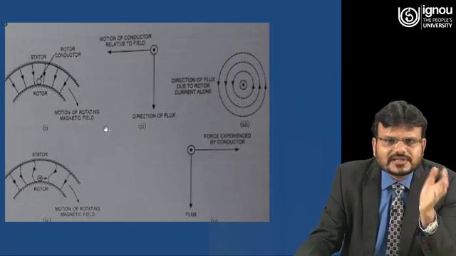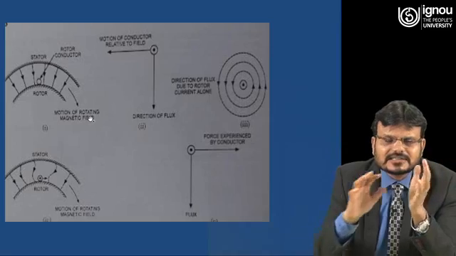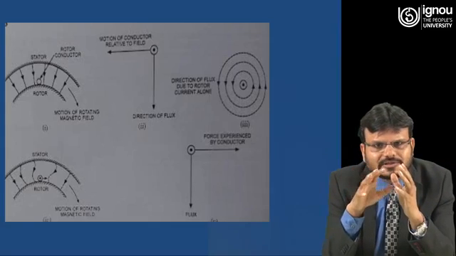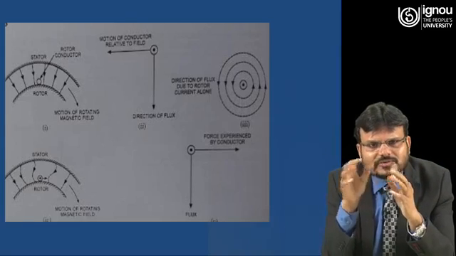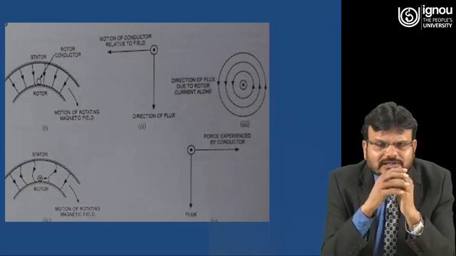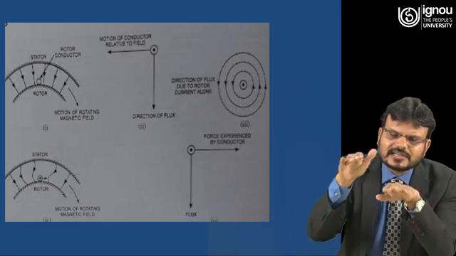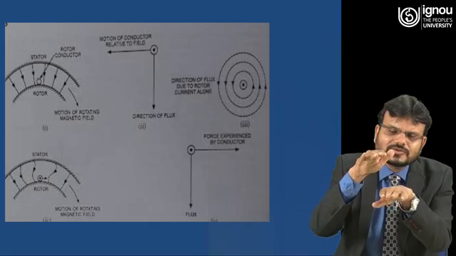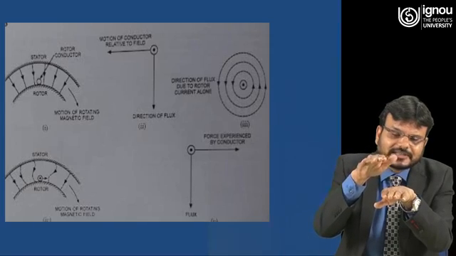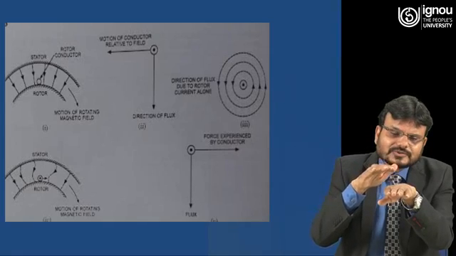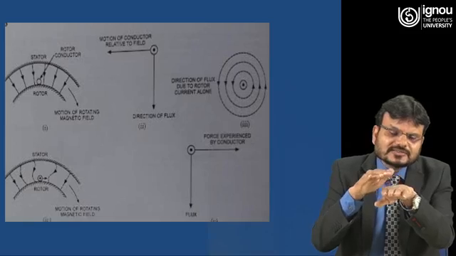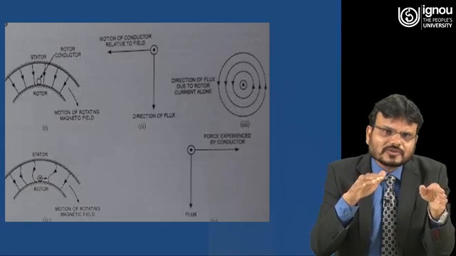Basically, we are assuming here that this magnetic field is moving in the clockwise direction. Now you can understand that because this field is moving clockwise and this conductor is stationary, in relative terms you will feel this rotor is moving in the clockwise direction.